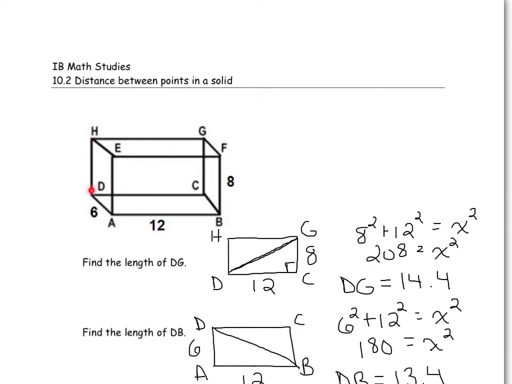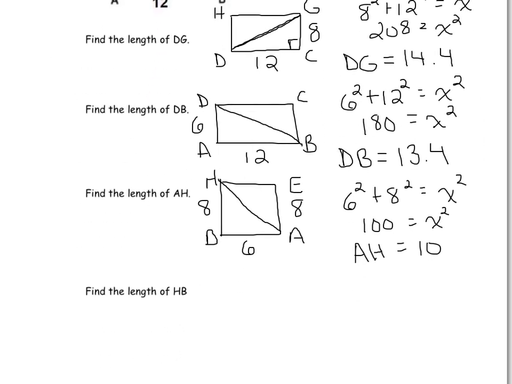So if I did a little cross section of the box, and I'll draw on it right now, going from here to here, here to here. Notice that I get a new rectangle. That rectangle is HFBD.